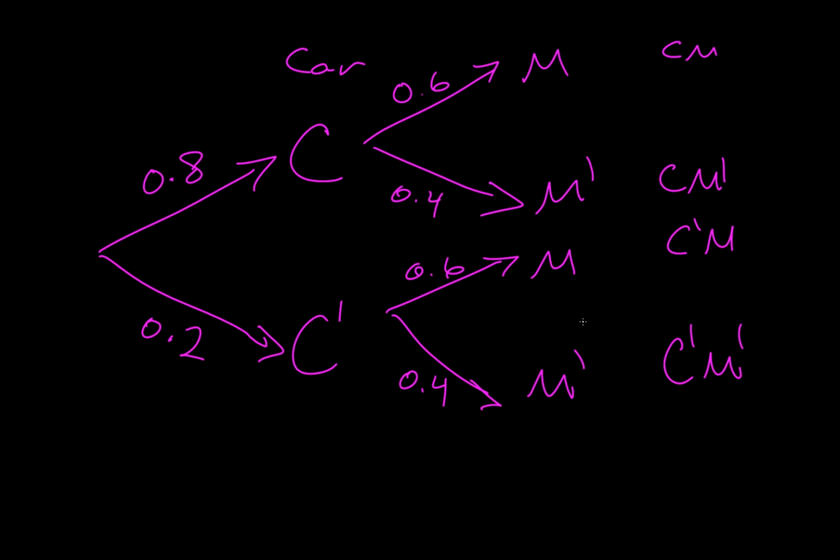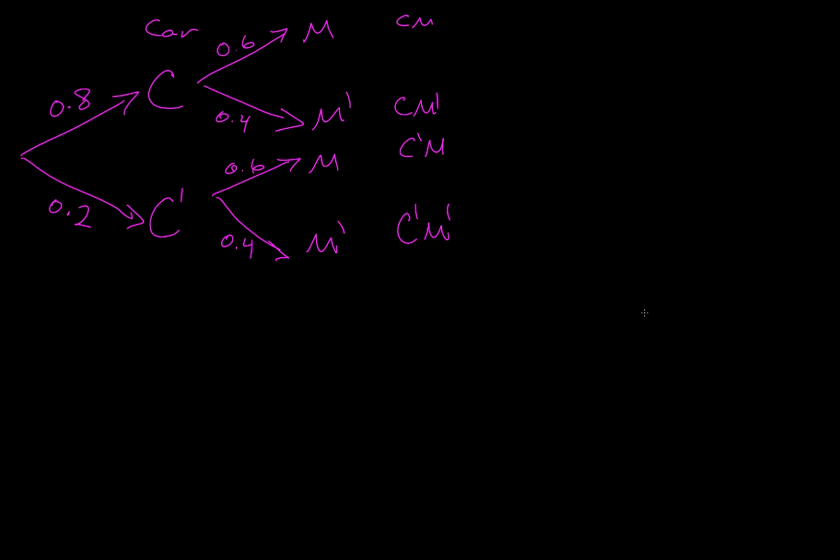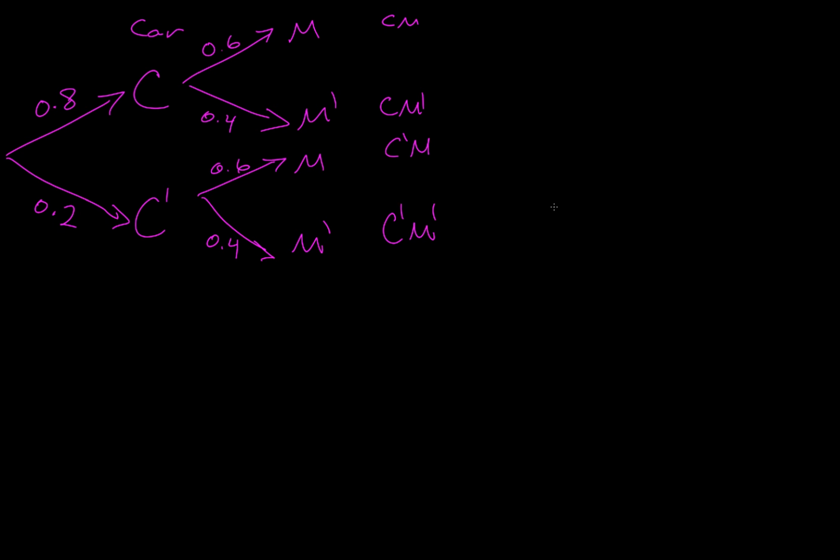A couple things are going on here. Let's zoom out a little bit. Right here, the total probability would be 0.8 times 0.6. We multiply those together and we get 0.48.